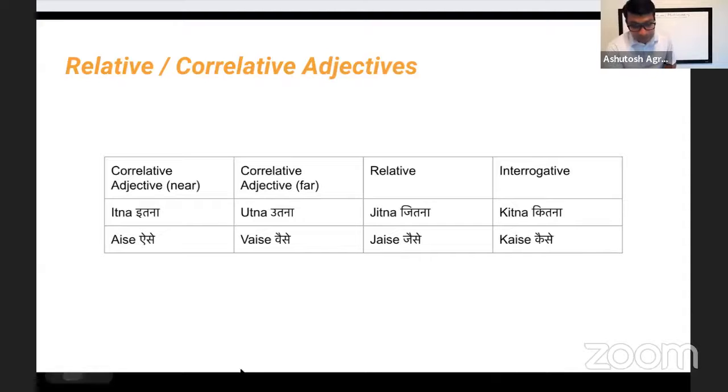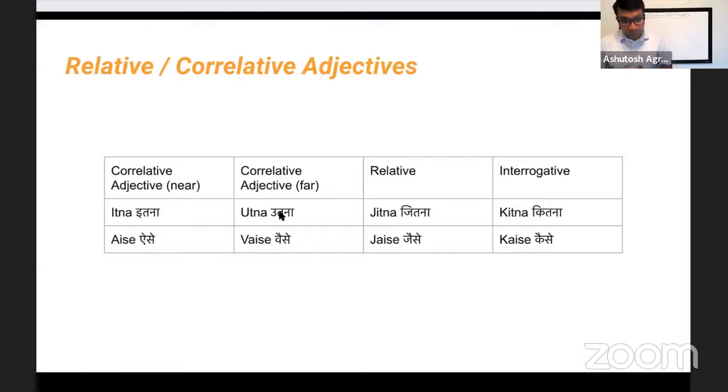And so basically the right way to think about it is itna. When you think about itna, it's this much. This is again the correlative adjective, which describes something that is near to you. Similarly, if something is further away from the subject, same thing can be utna.